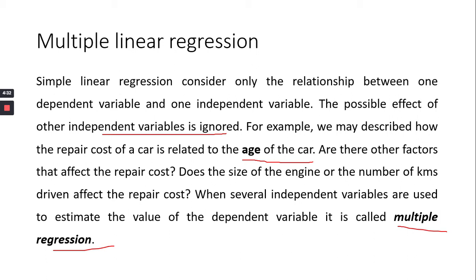What about the land size? What about the amount of pesticide applied? What about the soil type? So if we bring all those possible factors and try to model how they affect a dependent variable, then we are talking in the context of multiple linear regression.